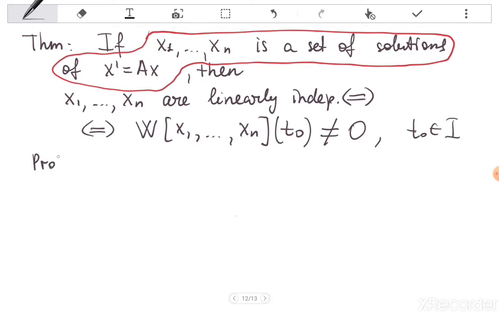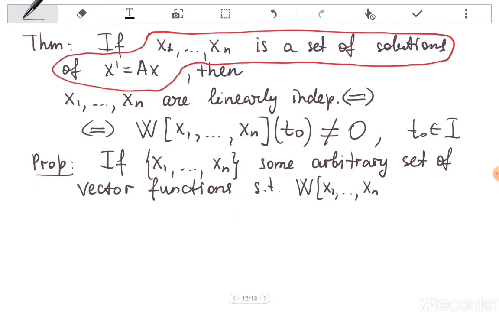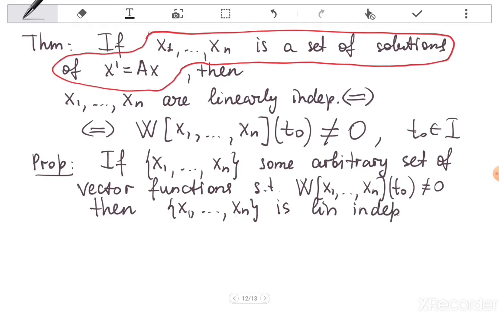In fact, there is a proposition which can be proved: if x1 and so on, xn is some arbitrary set of vector functions such that the Wronskian is non-zero at some point, then you can conclude that this set is linearly independent. So one implication is in fact correct.